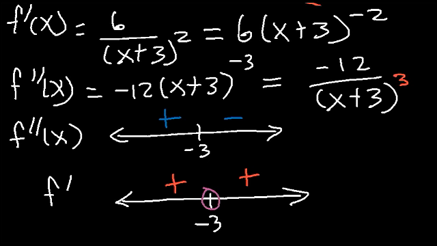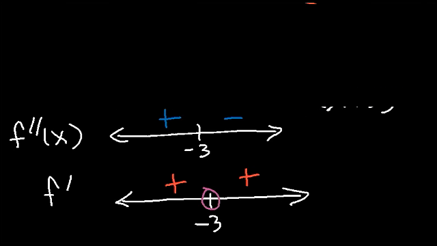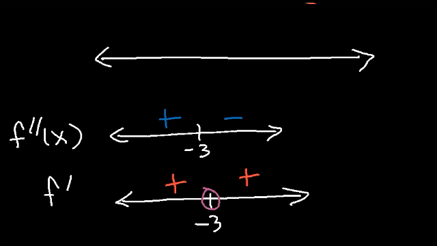So our next step is to combine the two number lines into a single number line. Let's put the first derivative on top and the second derivative on the bottom. So the only point of interest is -3.